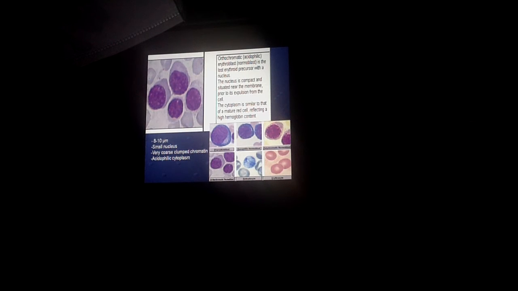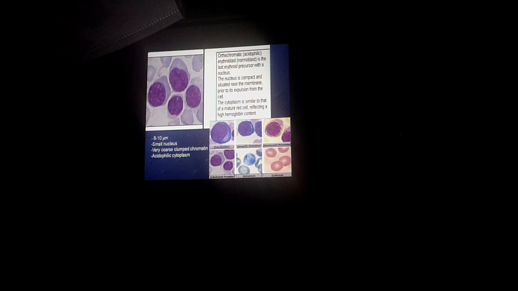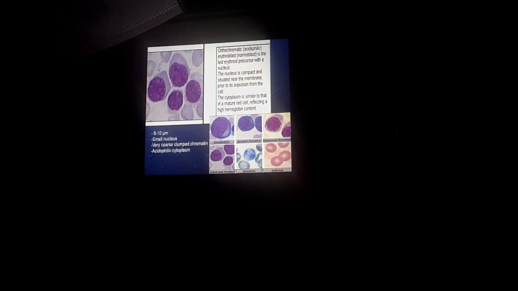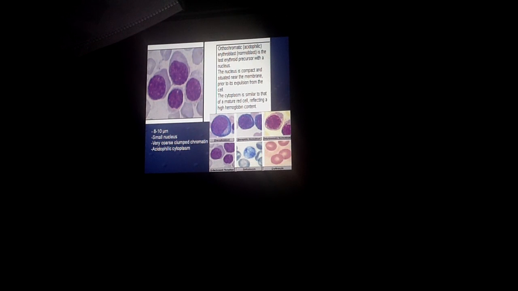Ano bang function ng mga red blood cells? Carry. Okay, aside from oxygen, carbon dioxide also. That function, that capability to perform that function is imparted by what particular component of the red cells?